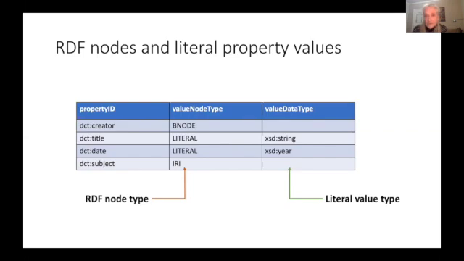In RDF, the value types are only defined for literal nodes. And so in our table, you can define your value node type, and for all of the literals, you would define a value data type. And in the RDF standard, all of the literal value types are taken from the XML schema standard. And so that's what we've included here.